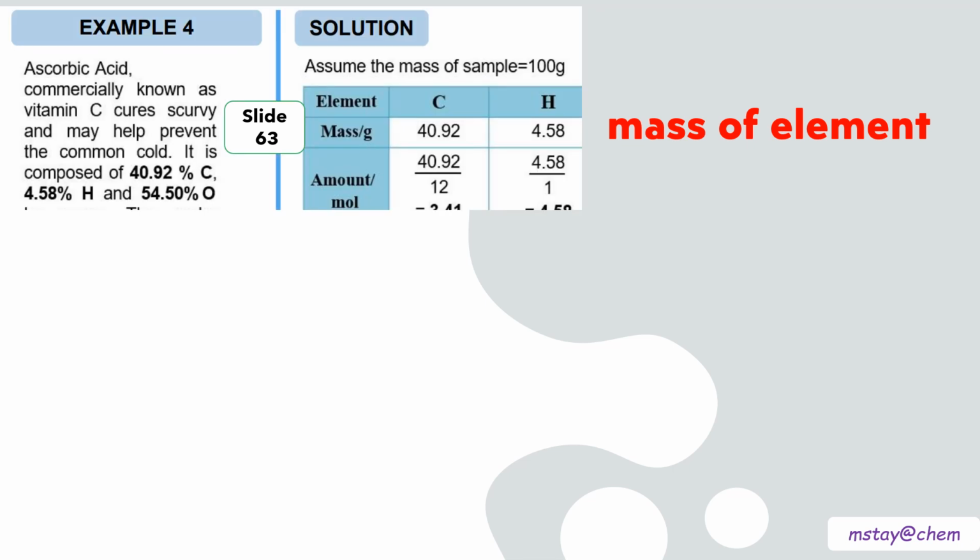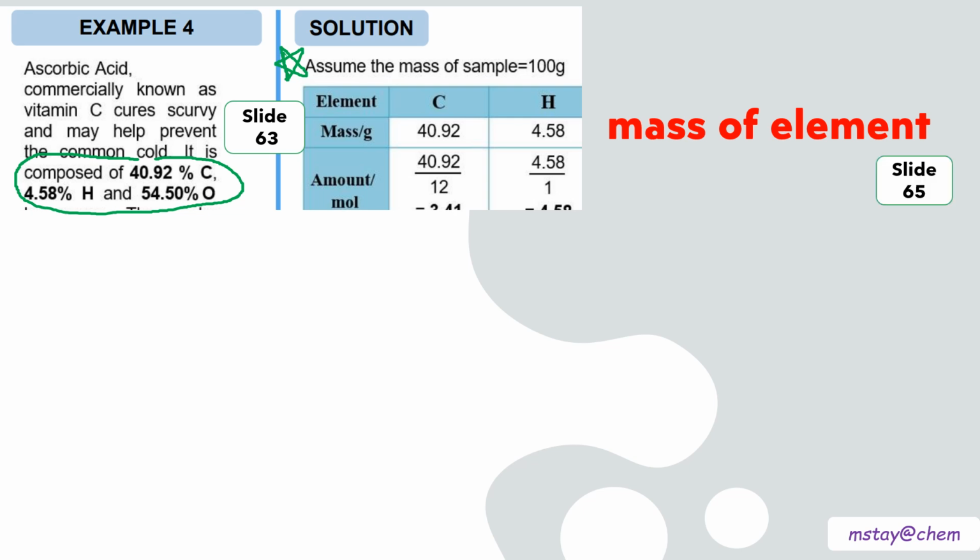You will notice that in this question, the information about the element is given in percentage. If the question is given in percentage, we have to make a statement over here: assume the mass of the sample is 100 grams.